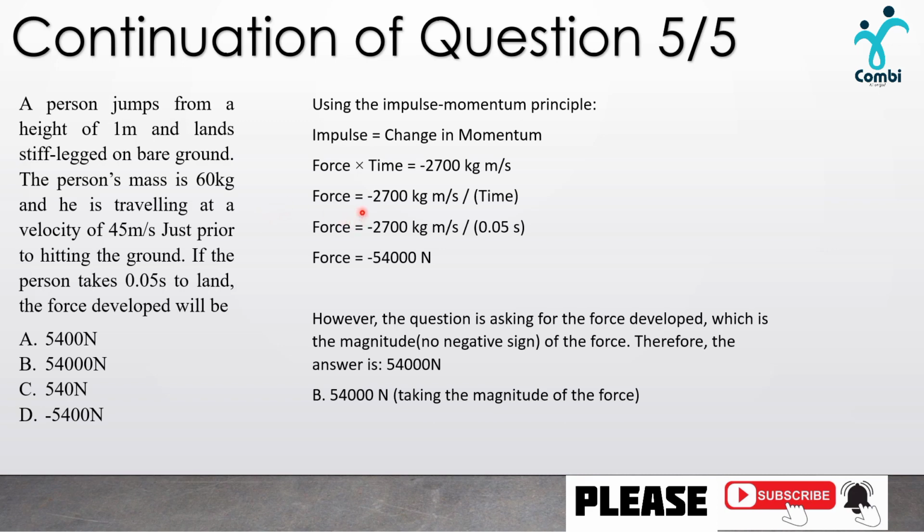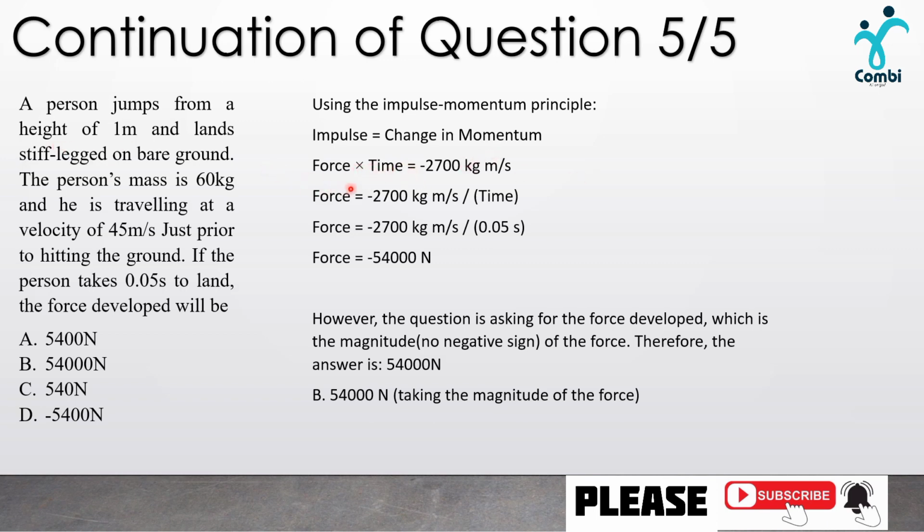We want the force, right? Because it's asking us for the force developed. So we take this time and send it over to the other side of the equation. In other words, we just divide both sides by time.